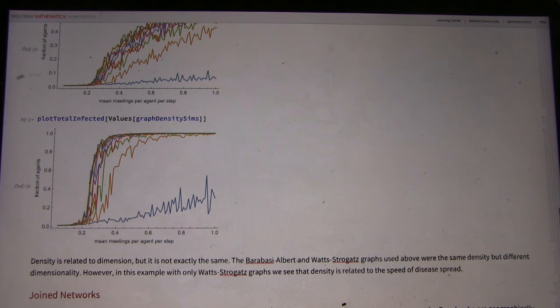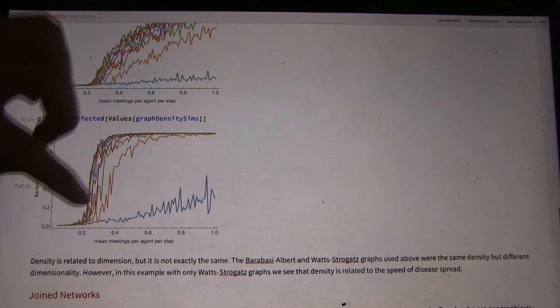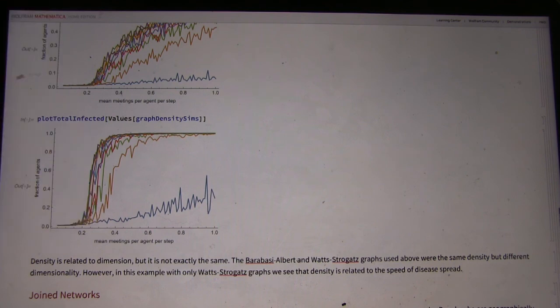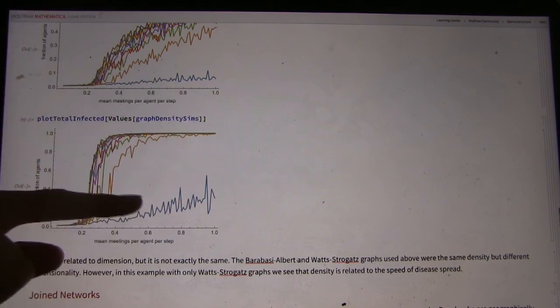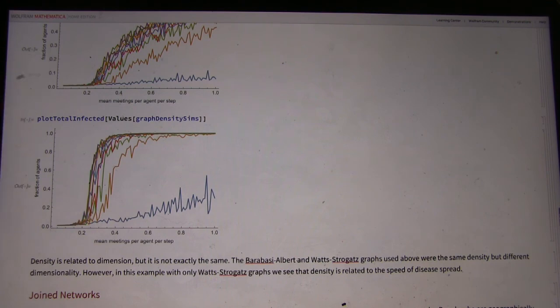It also shows how important it is to get this right and lower this as fast as possible. Because if you have the lowest density of meetings possible, that's the only way you can stop everyone from getting infected. Yeah, that's a good point. Why don't you show us one more thing you thought was interesting, and then we'll wrap up for the day.